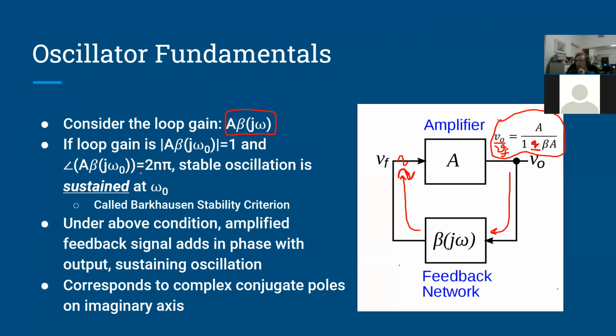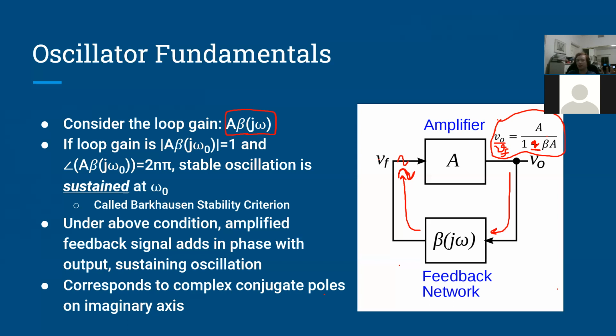If we make the phase of A times beta some multiple of 2 pi, then the output of the loop will be in phase with the input. So it'll add constructively. And so if we fulfill that criterion, then the input won't increase in amplitude, it won't decrease in amplitude, it'll just remain some fixed amplitude.